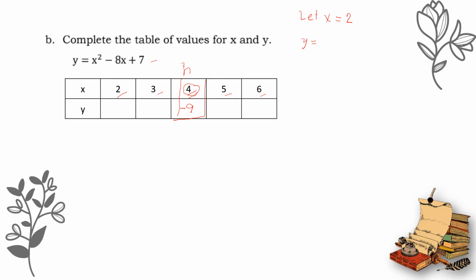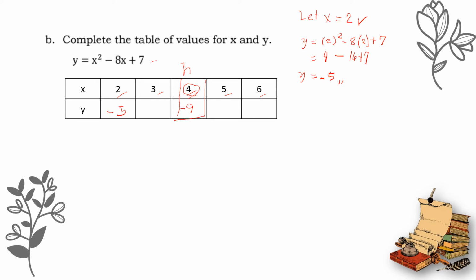So, magiging 2 squared minus 8, palitan din po yung x ng 2, plus 7. So, therefore, magiging 4, negative 16 plus 7. 7 plus 4, that is 11. 11 minus 16, ang y po natin ay equal to negative 5. So, kapag ang value ng x natin ay 2, ang y po natin ay negative 5.